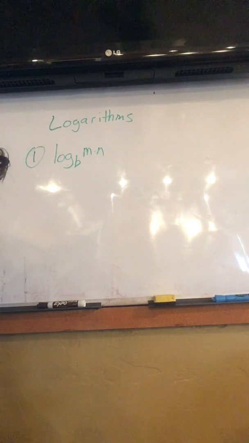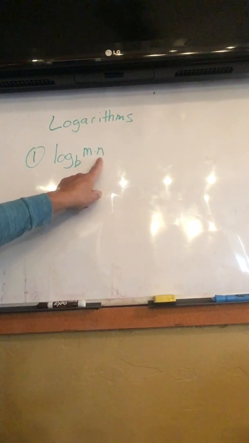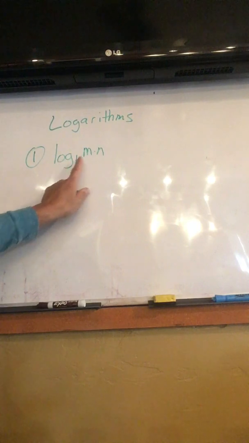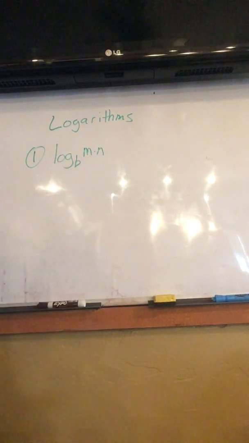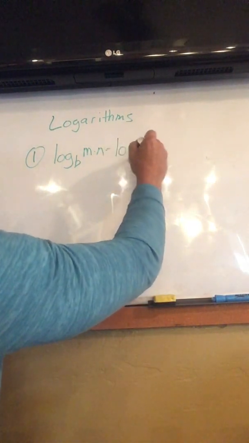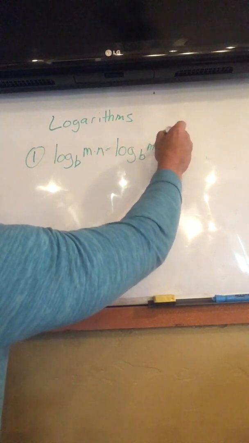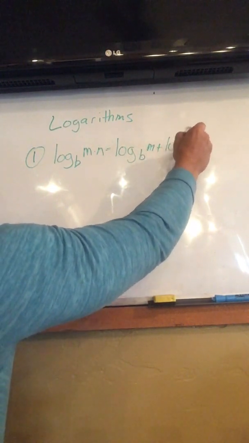Some base b, and you have 2 numbers or variables or functions, 2 parts to our logarithm, our log base b of m times n. You can expand that out to say that's the same thing as log base b of m plus log base b of n.